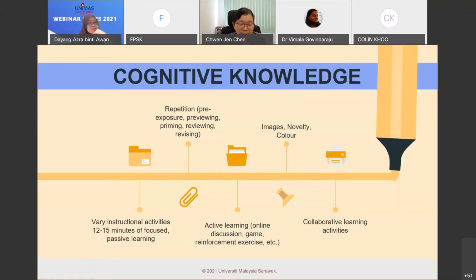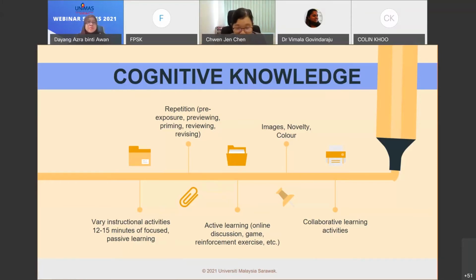One of the strategies that researchers show is important is for us to vary our instructional activities, because it can help to retain the attention of our students, getting them engaged, and not the same style or the same activity throughout the semester. So varying the instructional activities would be one of the good strategies for us to employ. These are all based on research studies.